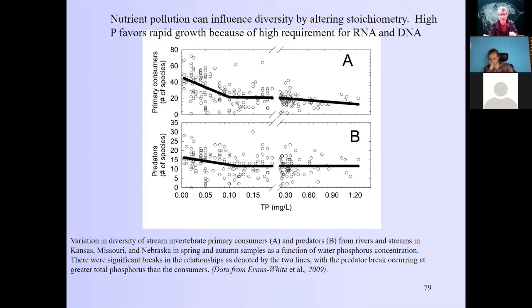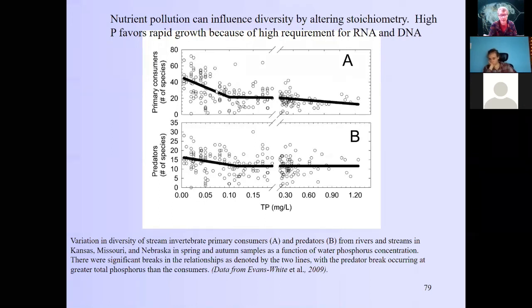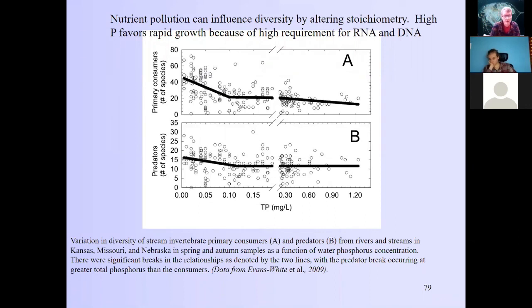These rapidly growing species can outcompete other species. However, if there's not enough phosphorus, they can't grow rapidly. So when you have high phosphorus, the things that specialize on high phosphorus can dominate everybody and knock out the rest. When you have low phosphorus, then there can be more diversity because some things can specialize on high phosphorus and pick it out, and others can eat poor quality food and get their phosphorus that way.